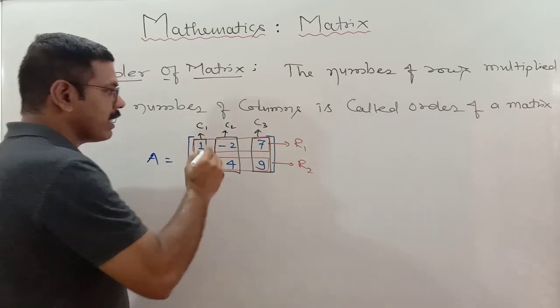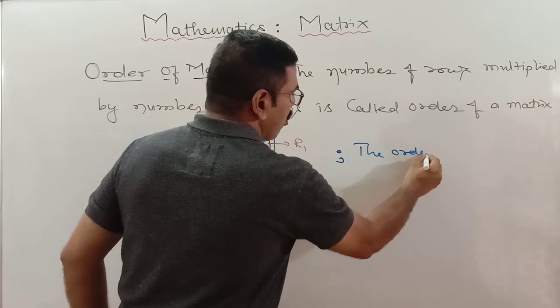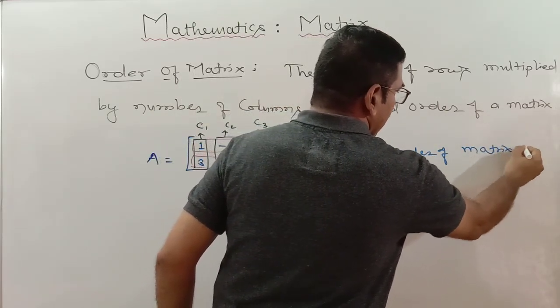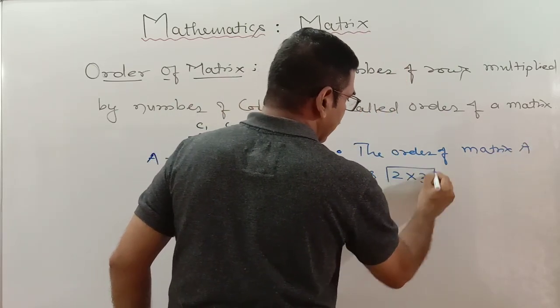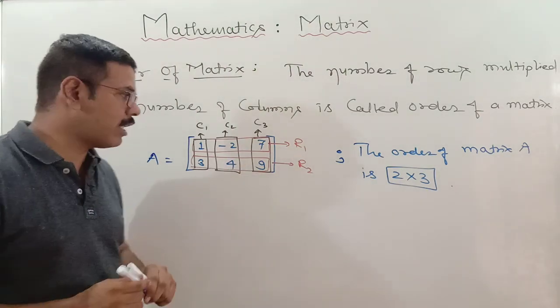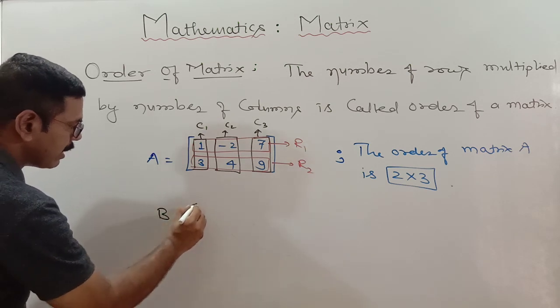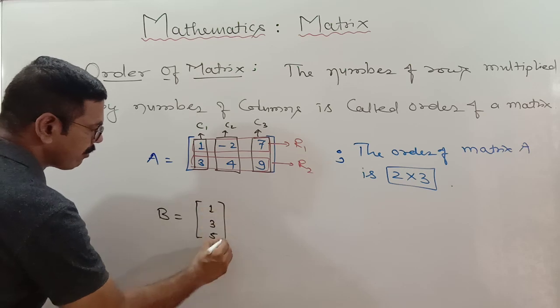So the order of matrix A is 2 cross 3. This is the order of matrix A. Do you have any doubt? Now if suppose I am writing another matrix B. So B is 1, 3, 5.